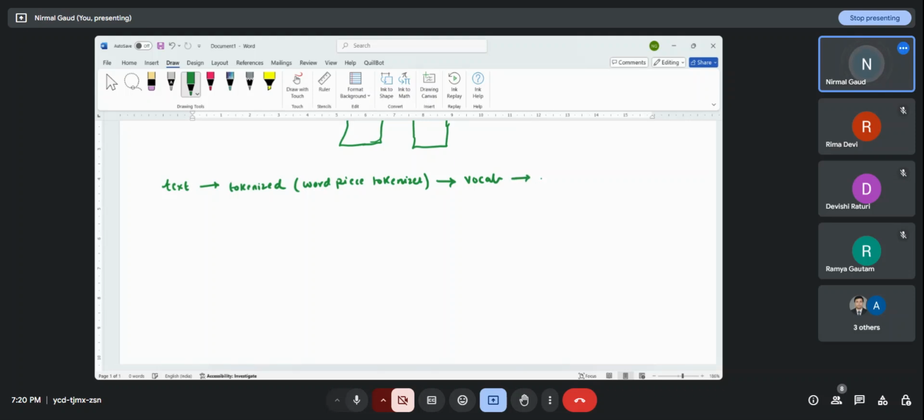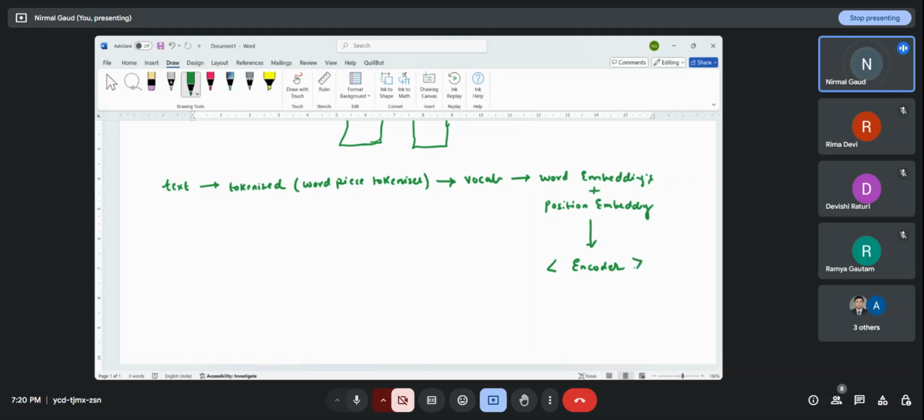Then we performed word embeddings. We also calculated position embeddings, and we added both of them, word embedding plus position embedding, and then gave this as an input to the encoder. So from here the encoder starts.